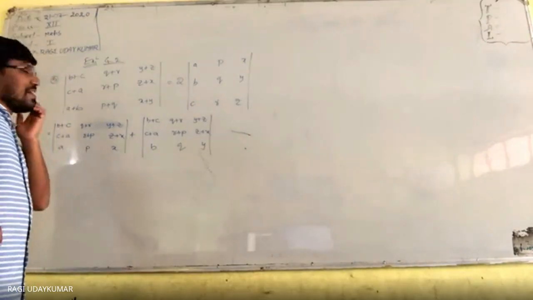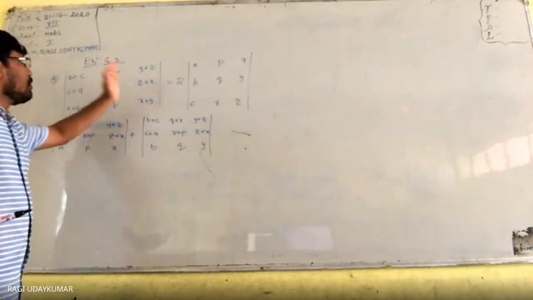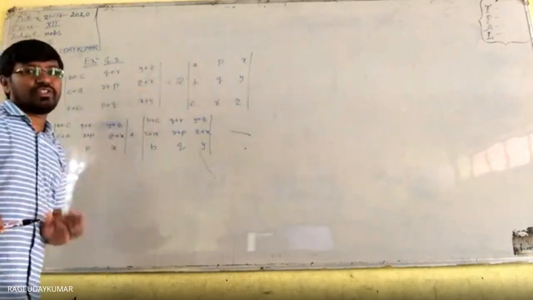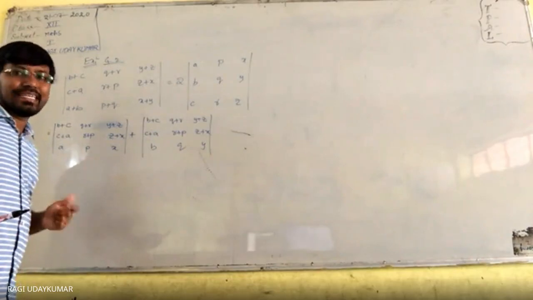You can do this problem in multiple ways, but here it is not asking to find the determinant of this matrix. We need to prove the equality and make them single elements.